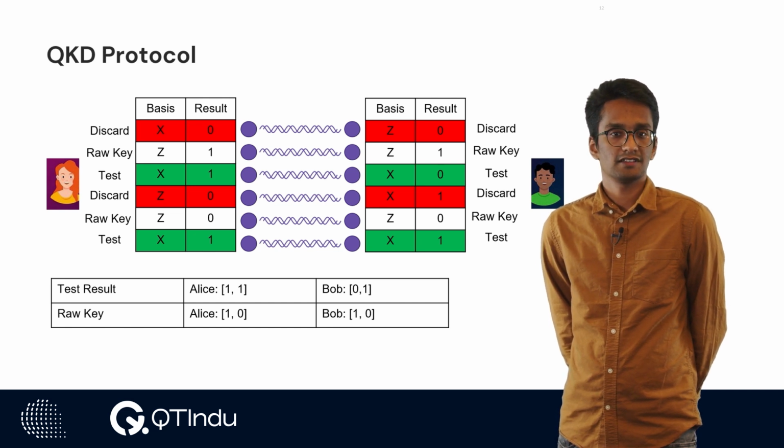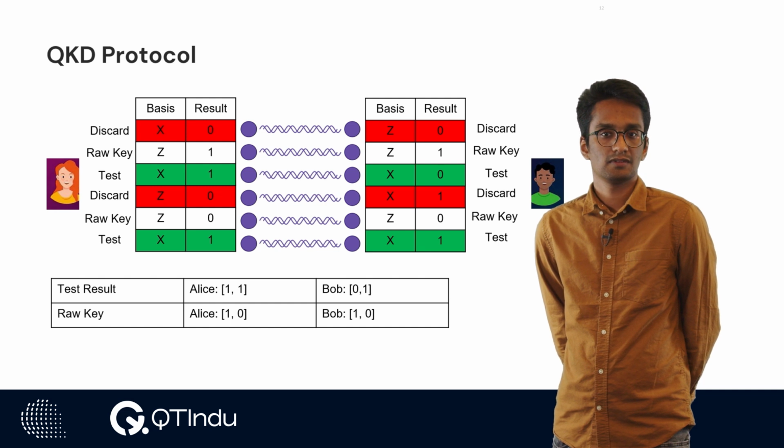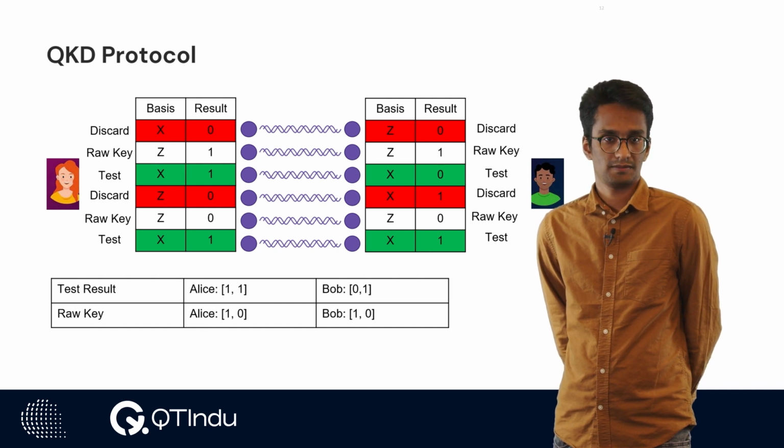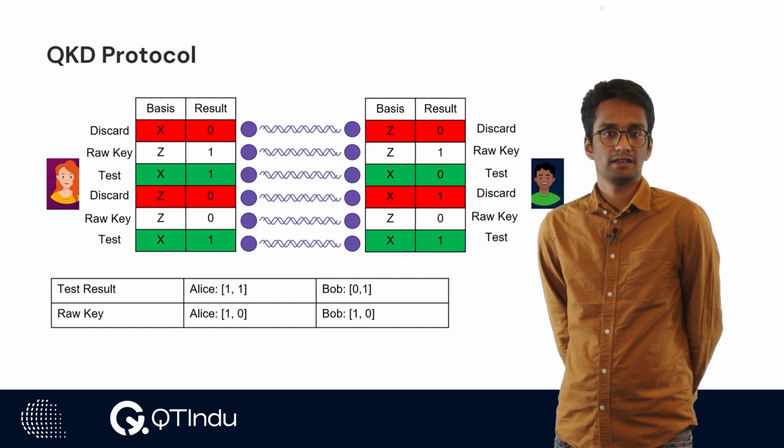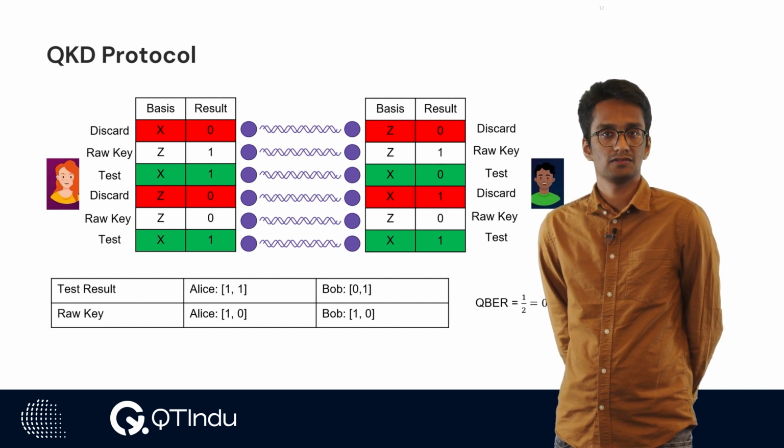A summary of this is shown in the table below. For the test results, Alice has results 1 and 1. However, Bob has results 0 and 1. This would mean that there is one mismatch in their test rounds, and since they have 2 rounds, the QBER is 1 over 2 or 0.5.